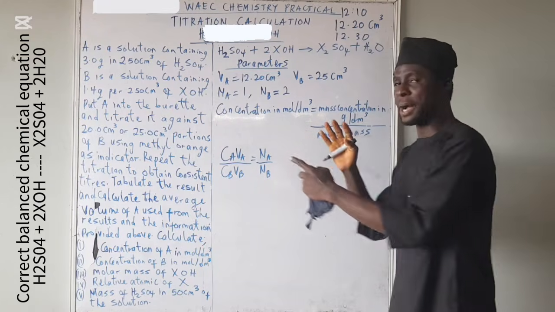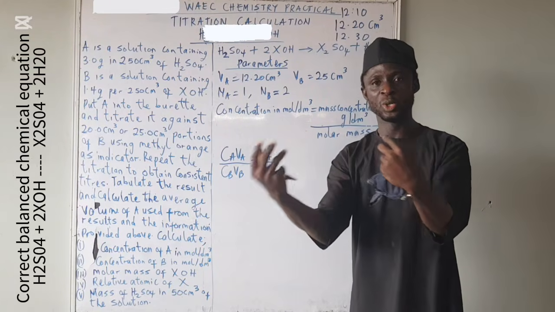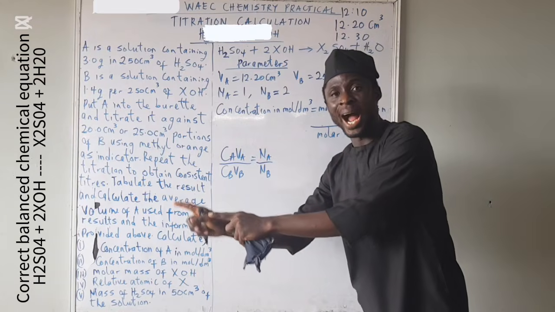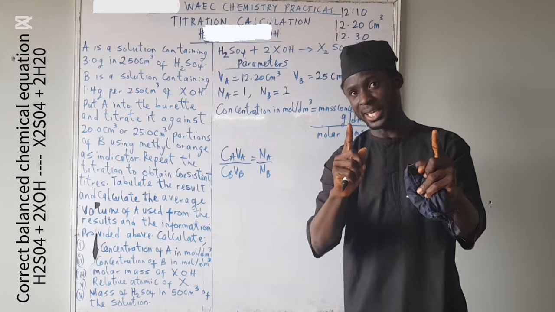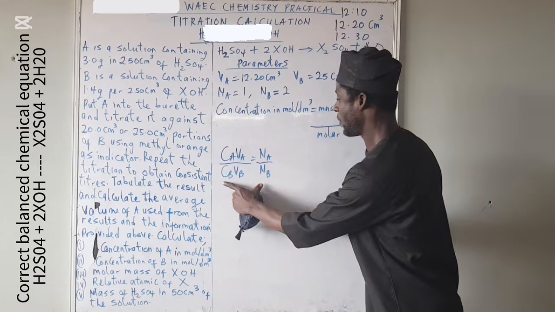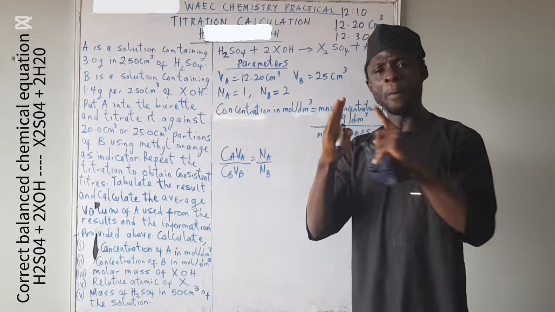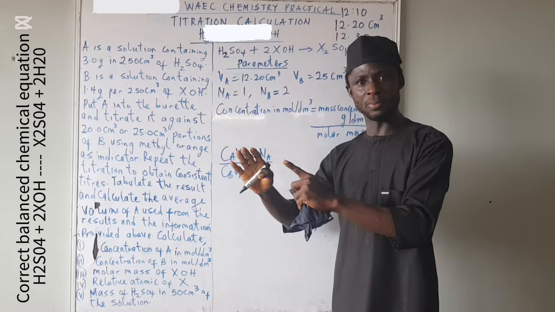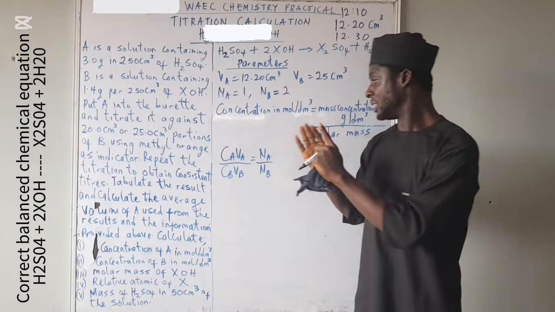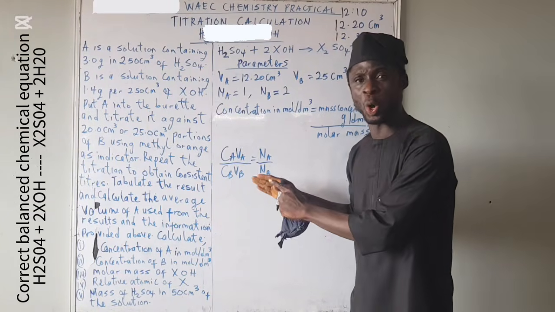So this formula can be used to connect both molar concentration and mass concentration together. Do you understand? But the other formula is only used to calculate the concentration of acid or base in mole per dm cube. Can you use it to calculate the mass concentration of acid or base?